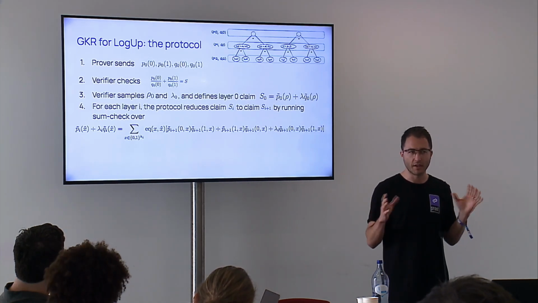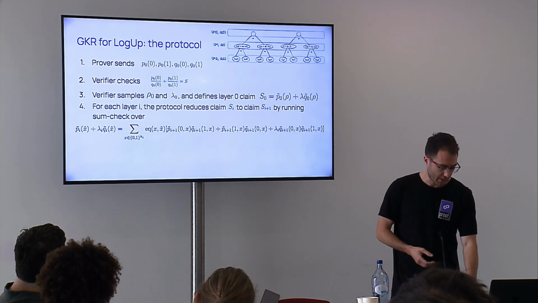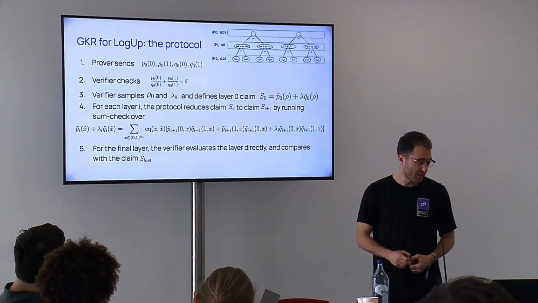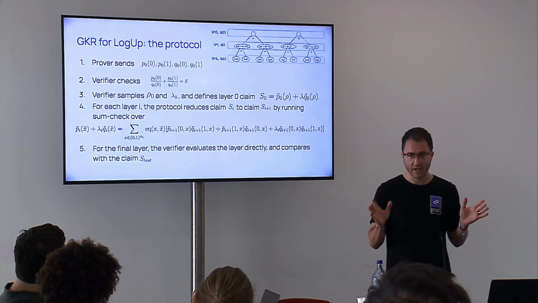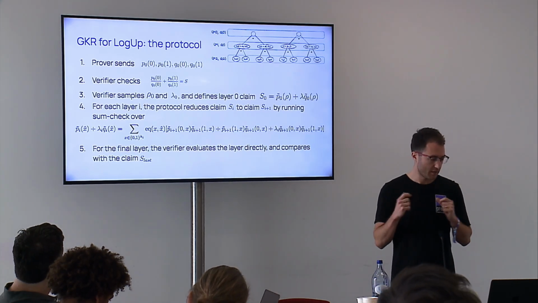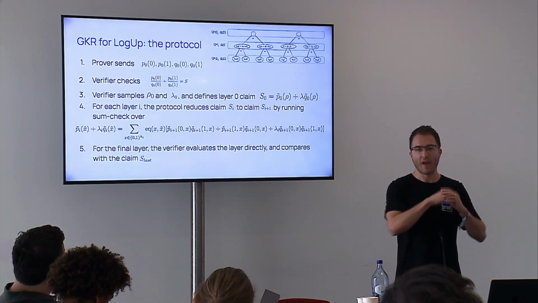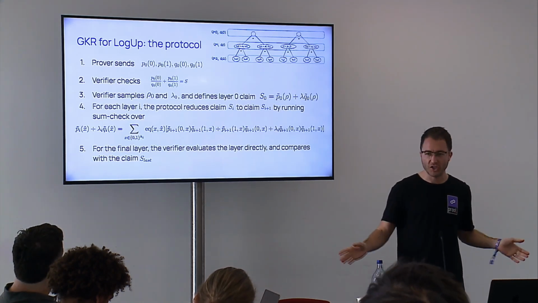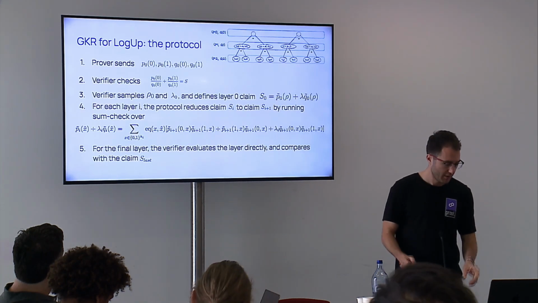If it checks out, we're happy. And for the final layer, in this slide, we're going to assume the verifier has the final layer. We're going to correct that in the next slides, but for now we say I've reduced it to this final layer. I will then evaluate the final layer, make sure that it all checks out, and if it does, we're done.